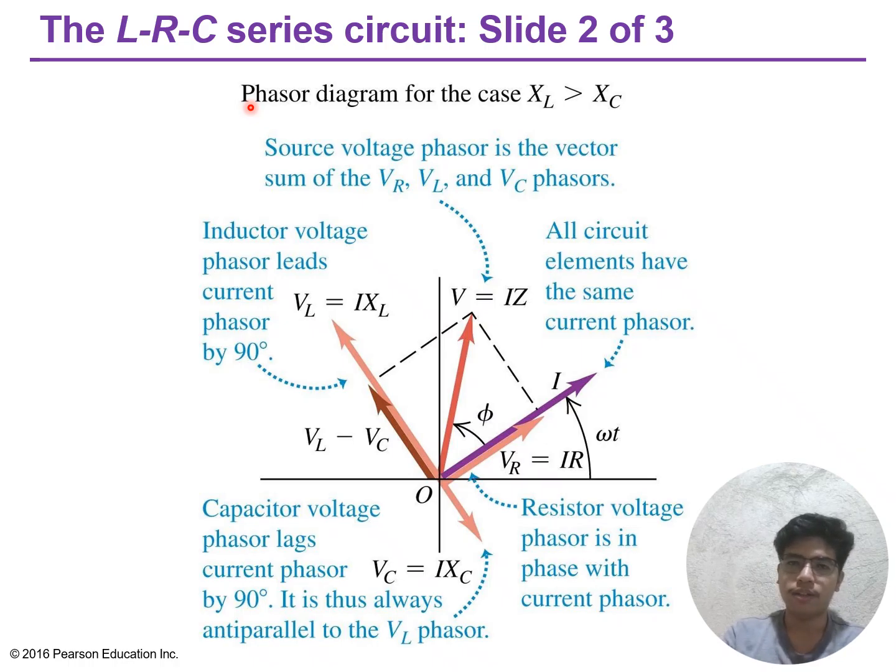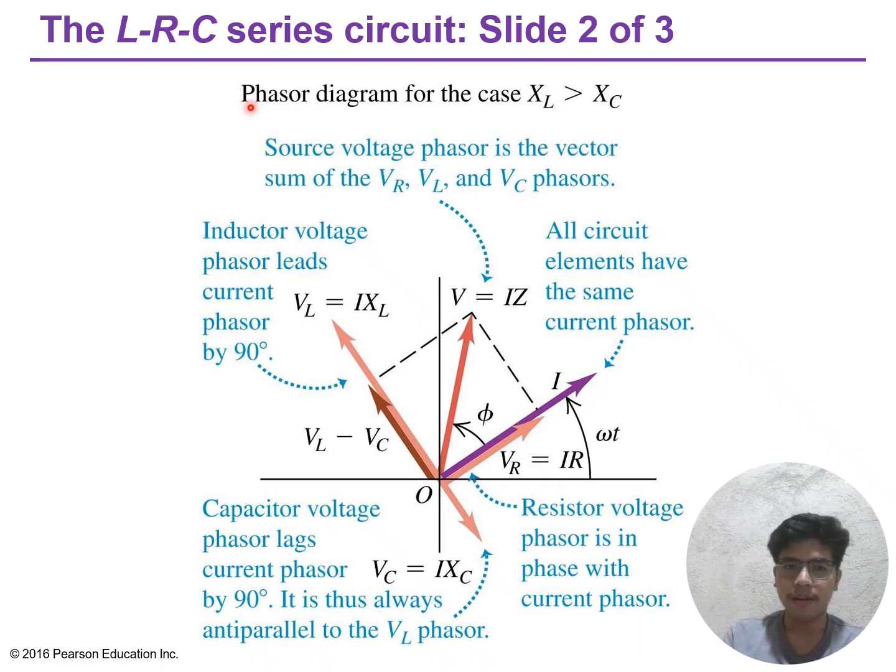If you imagine the resistance R plotted horizontally and the net reactance, X sub L minus X sub C, plotted vertically, then the impedance Z forms the hypotenuse of a right triangle, with the angle phi between the impedance and the resistance giving the phase angle of the circuit. This phase angle phi determines whether the current leads or lags the voltage.